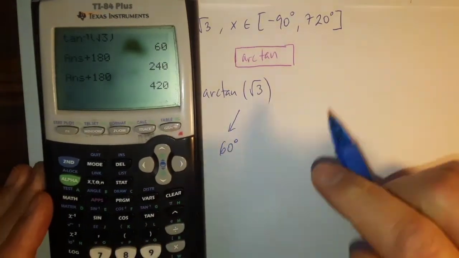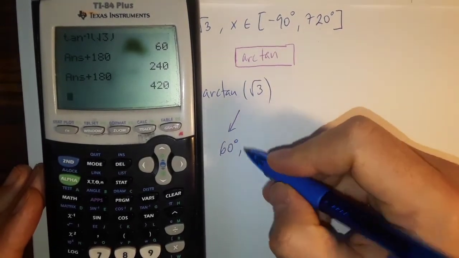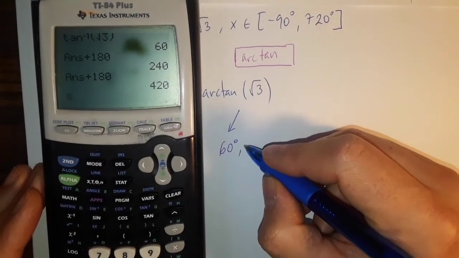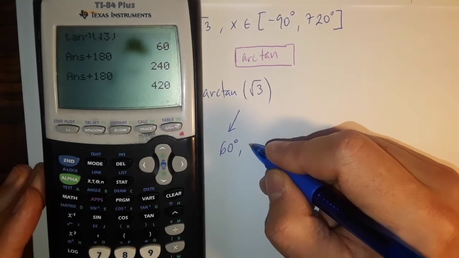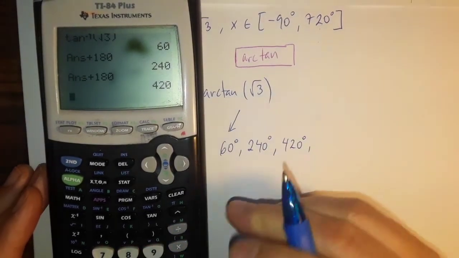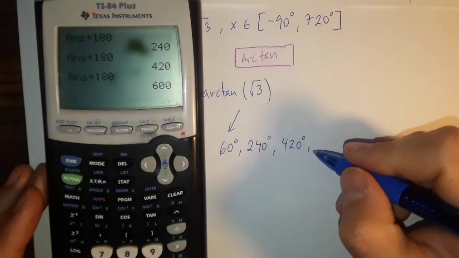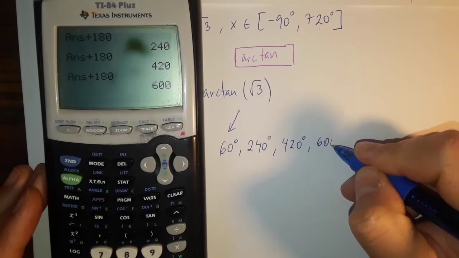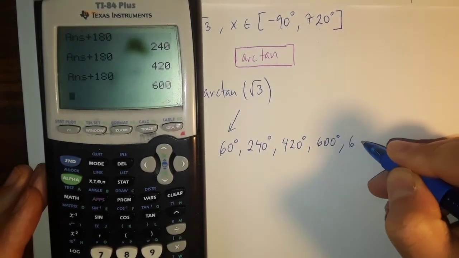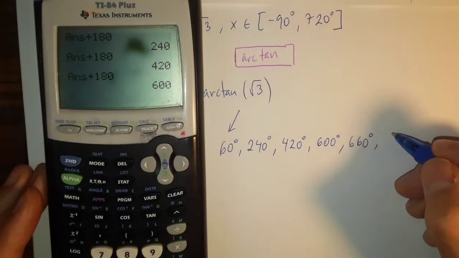As long as they're inside of this restricted domain, they're solutions. So 60 degrees is one solution, then 240 degrees, then 420. I keep going, plus 180, and the next one is 600, which is still inside. The next one is 660, and then 720.